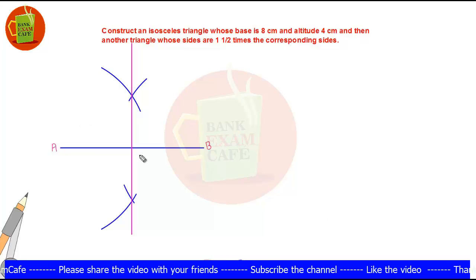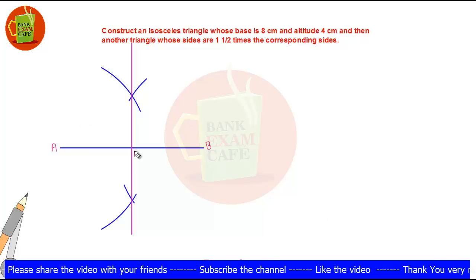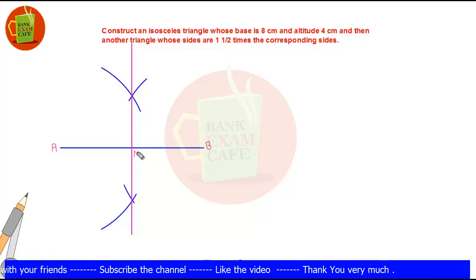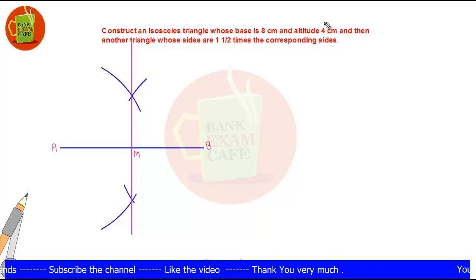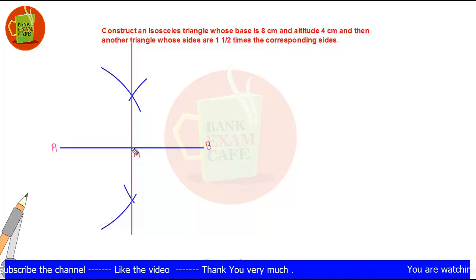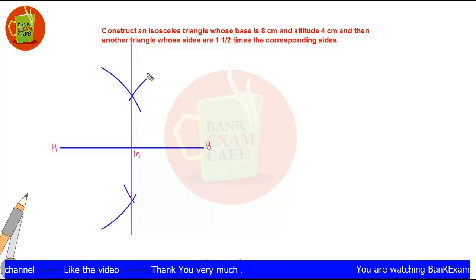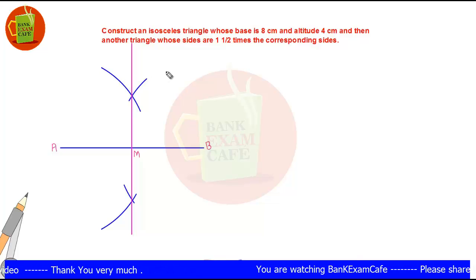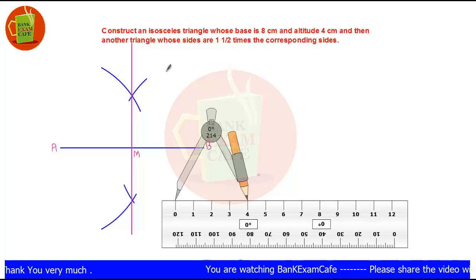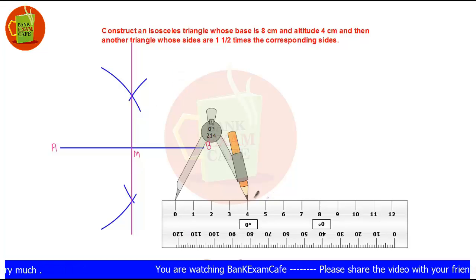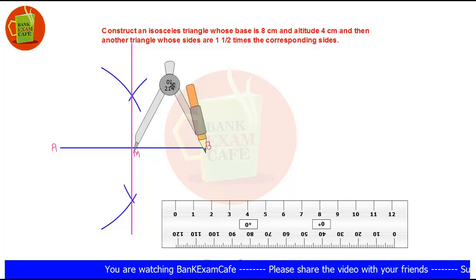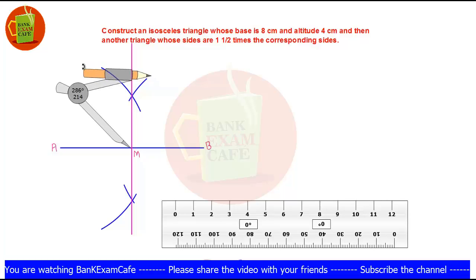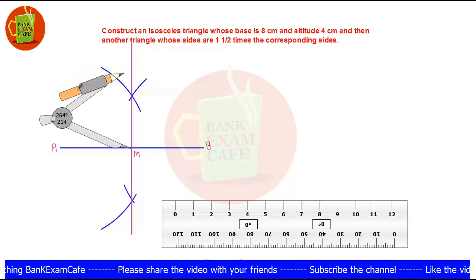So draw a perpendicular bisector of AB and let this point of intersection be M. So this is M. Now taking M as the center and a distance of 4 cm, because altitude is 4 cm, draw an arc cutting this bisector.